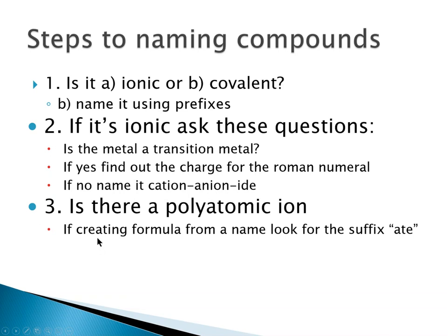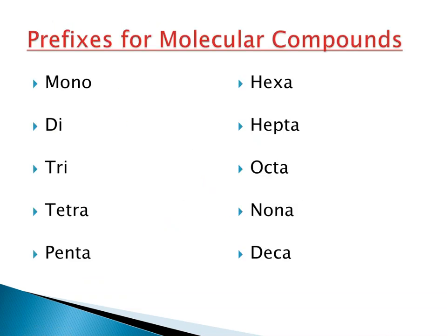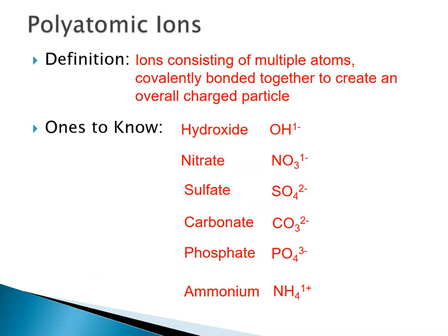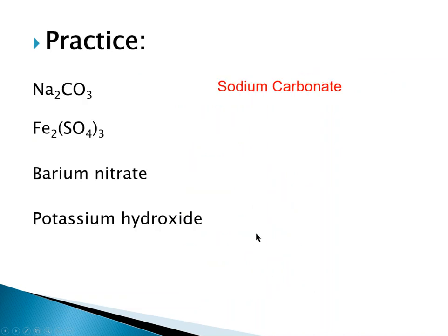If there is, you got to make sure you use the suffix "ate." If you're creating the formula from a name, you'll know there's a polyatomic ion because it ends in "ate." So if we look back at our list of polyatomic ions here, hydroxide ends in "ide," but if you see "ate," it's going to be one of those four.